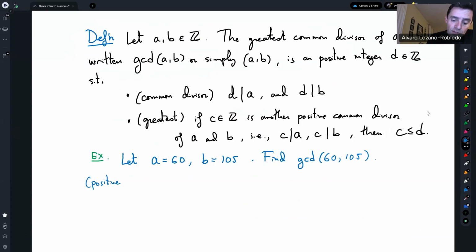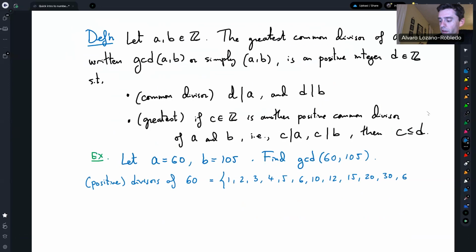So what are the positive divisors of 60? They're 1, 2, 3, 4, 5, 6, 10, 12, 15, 20, 30, and 60. There are a lot of divisors of 60, which is why 60 was at some point used as a hexadecimal basis, because it's divisible by many small numbers.